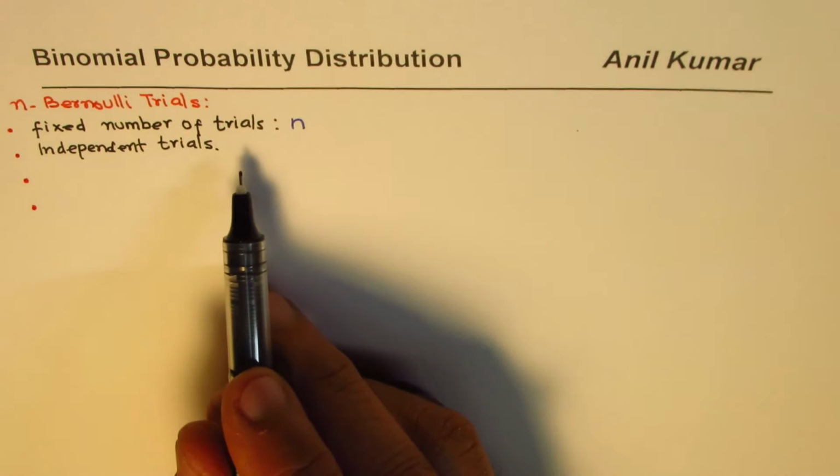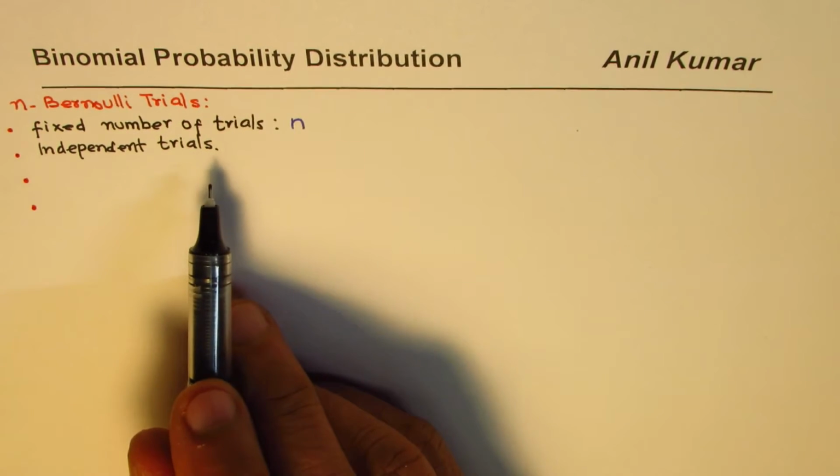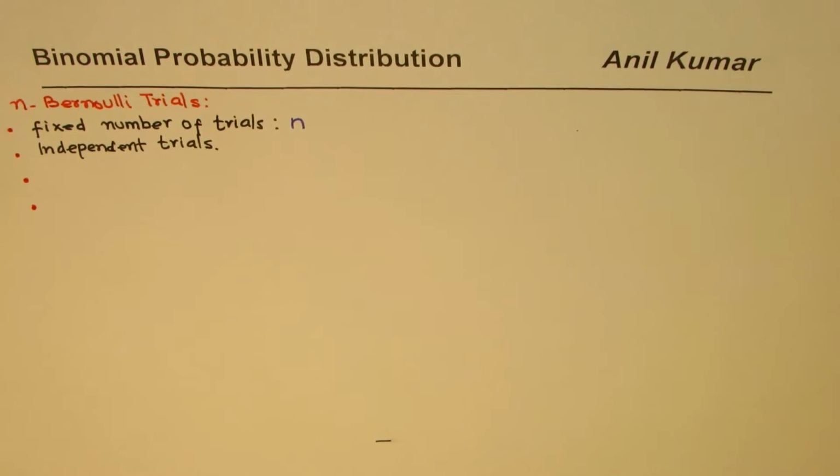The repeated trials are not affected by the initial trials. For example, if you are drawing a ball from a bag of balls, then we replace the ball. If we withdraw a card from a pack of cards, we replace the card. In that case, we maintain the probability experiment as such, where every trial is an independent trial.